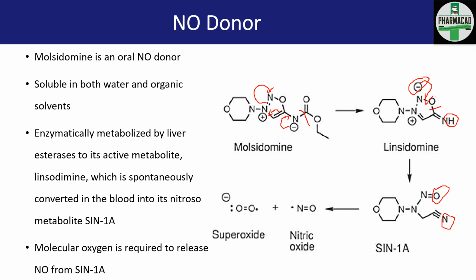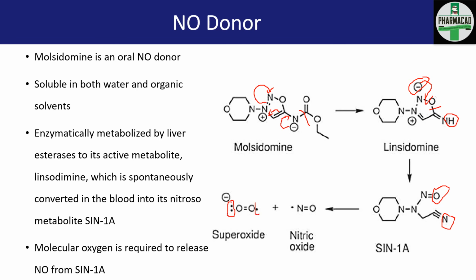Now SIN-1A releases nitric oxide in the presence of oxygen, O2. We know that in O2, each oxygen atom has one lone pair of electrons.